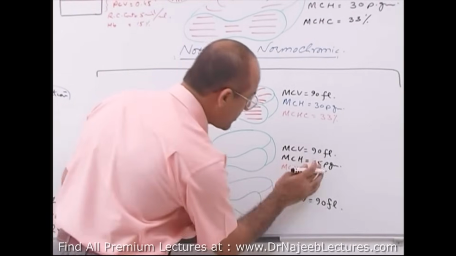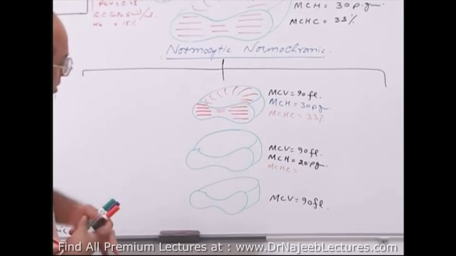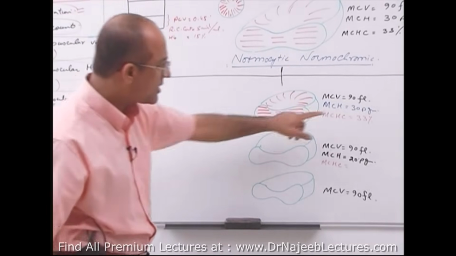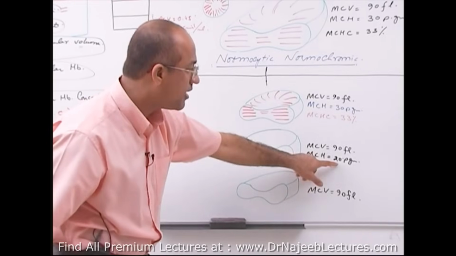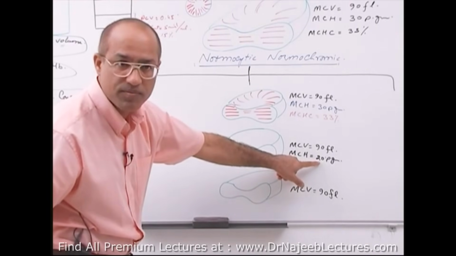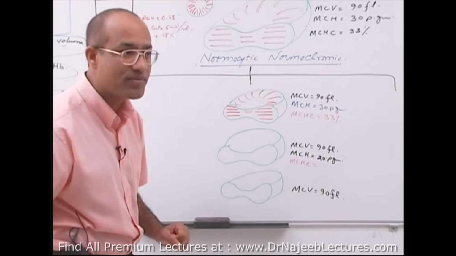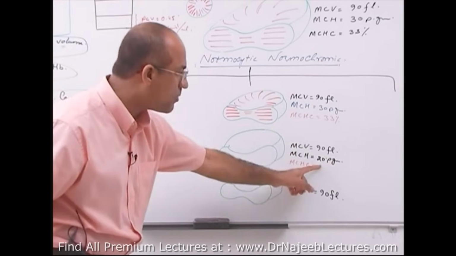Okay, let's put it 20 picogram. Now look, what is the difference in the first and the second? Both of them have the same volume, but one has 30 picogram hemoglobin and this has 20 picograms. So the lower one is underfilled. Is that right? It was how much filled? 33%. It is how much filled?